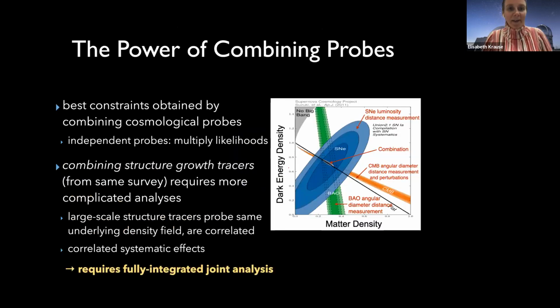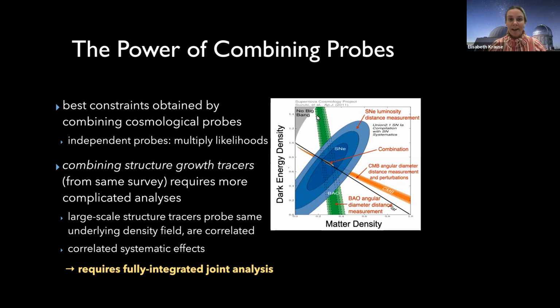Now, of course, the best constraints will be obtained by combining all these different cosmological probes, which in previous iterations looked like: okay, we have, say, supernovae here, cosmic microwave background, and BAOs, which are all independent probes, so that we can go ahead and multiply the posteriors.